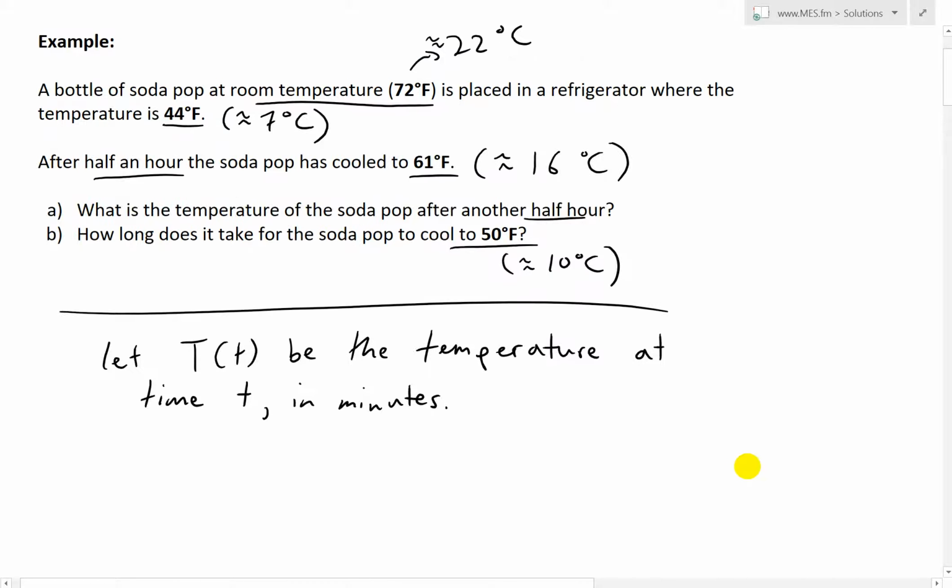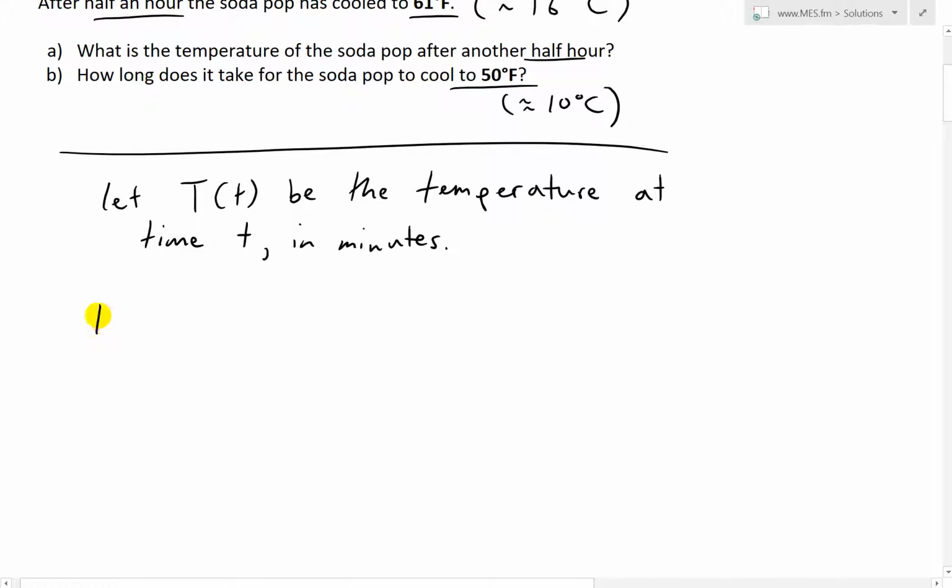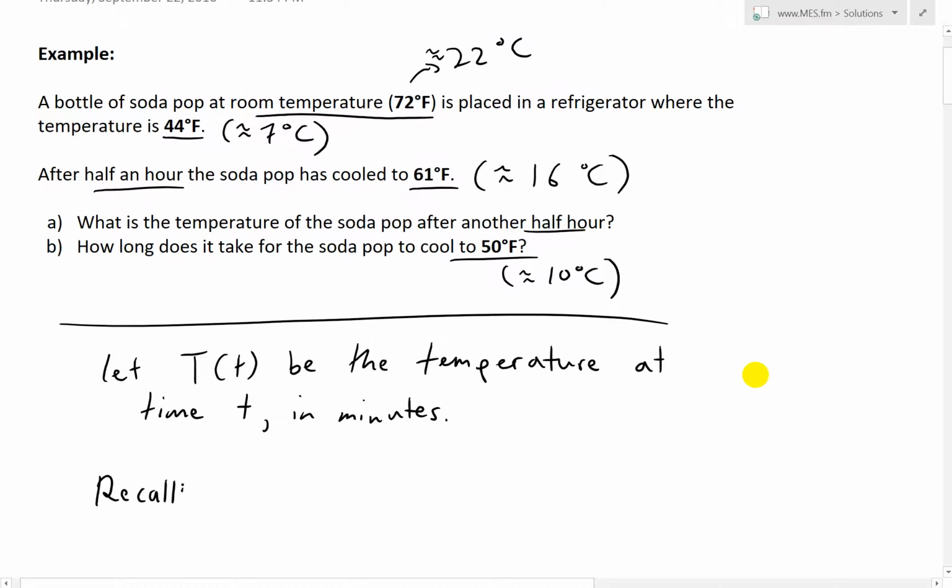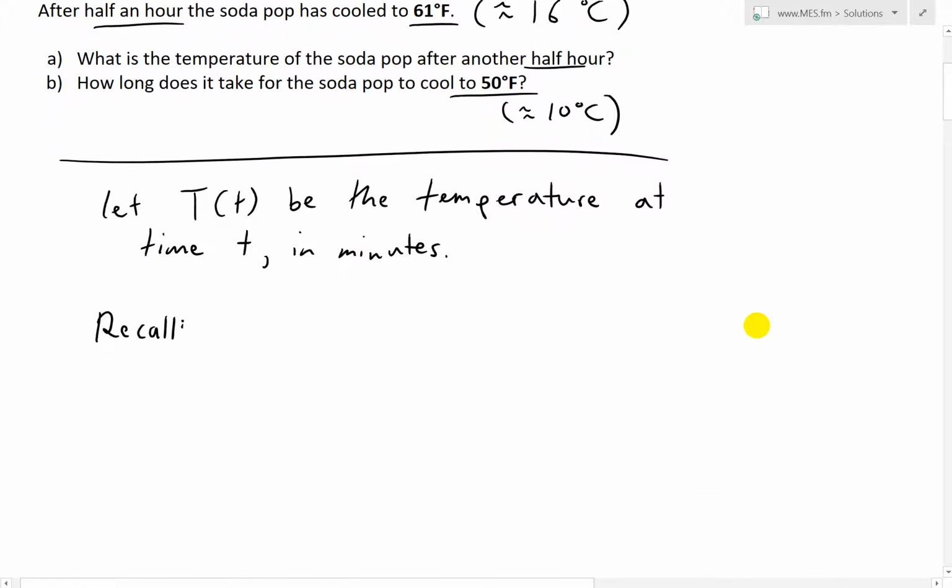First, recall from my earlier video, Newton's law of cooling, which states that the rate of cooling, dT over dt, is proportional to the difference between the temperature and its surrounding temperature.